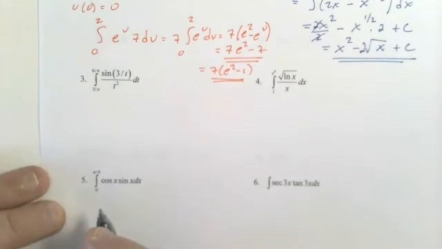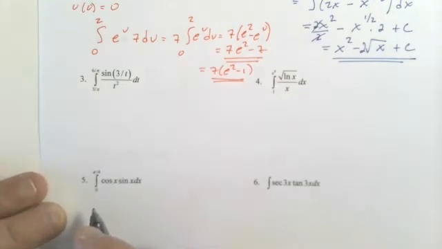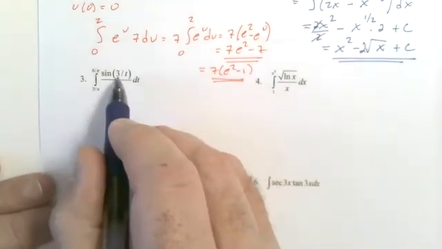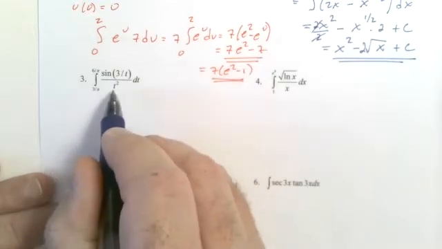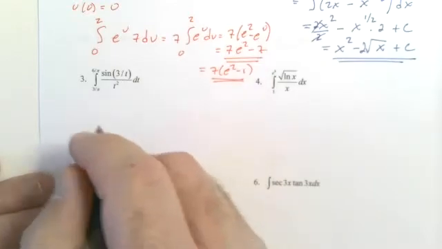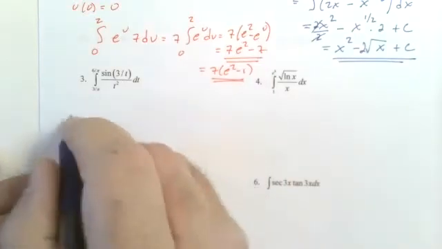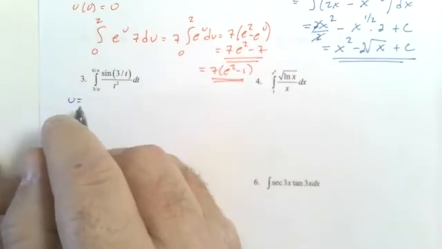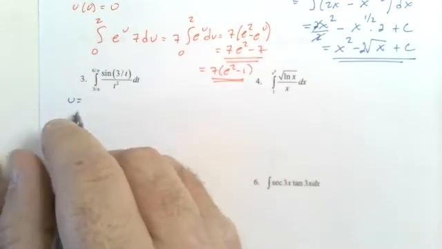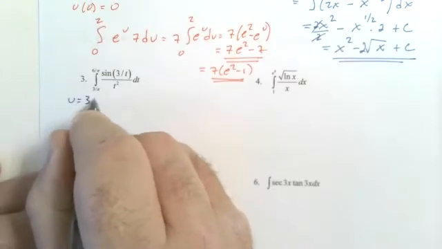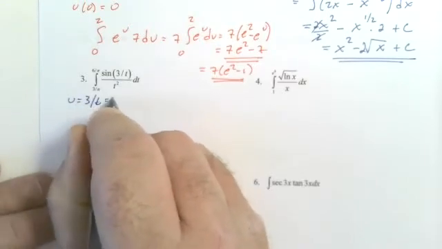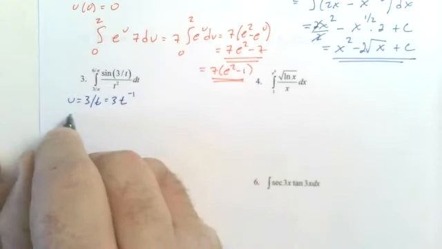All right. Now, this one might not seem like an obvious u substitution. Let's just say this is going to be 3t to the negative first, and this is t to the negative second. So, I think I'll try u equals 3 over t, which is 3t to the negative first.